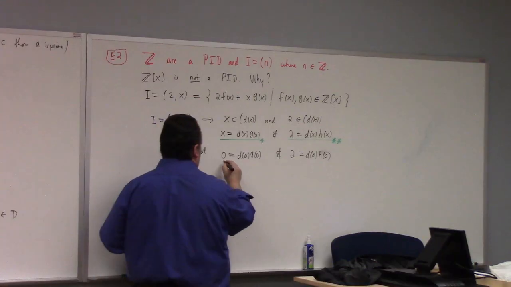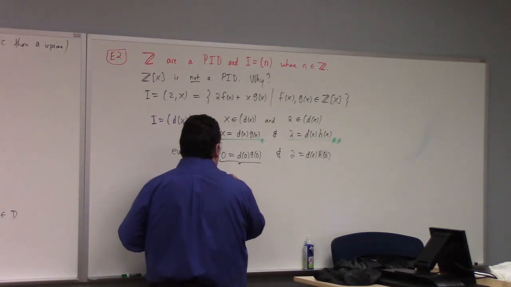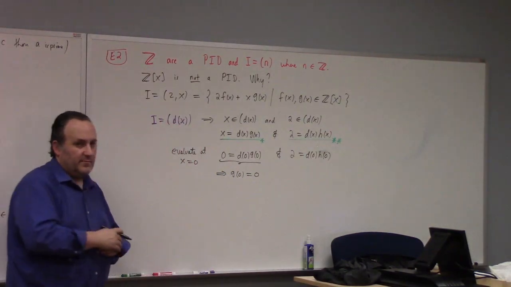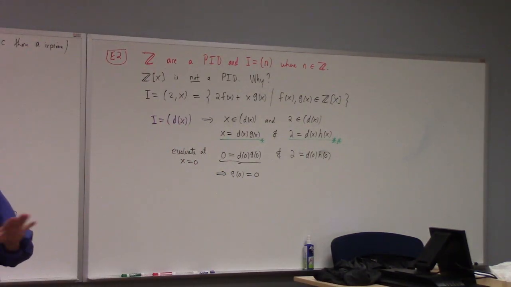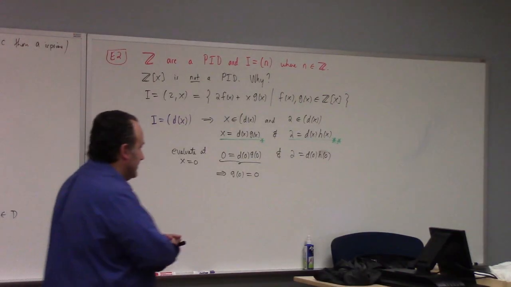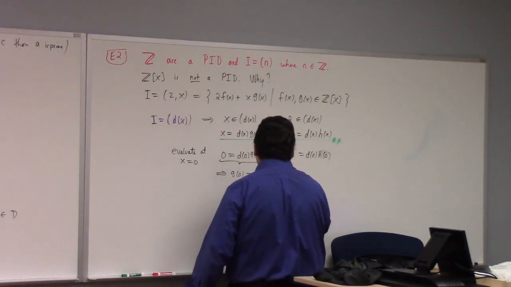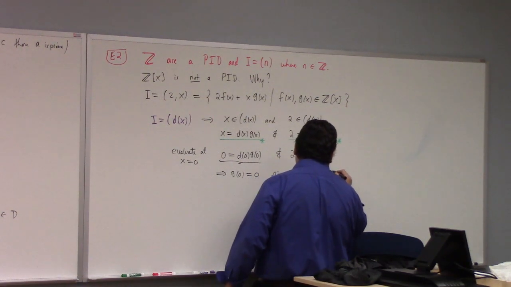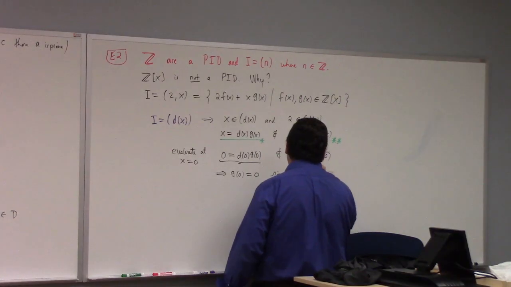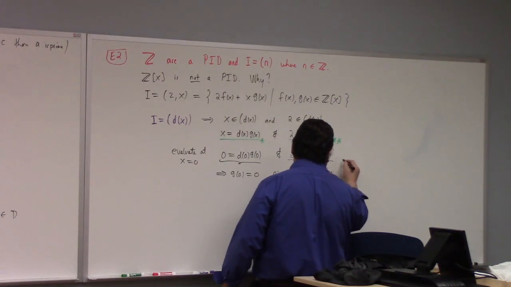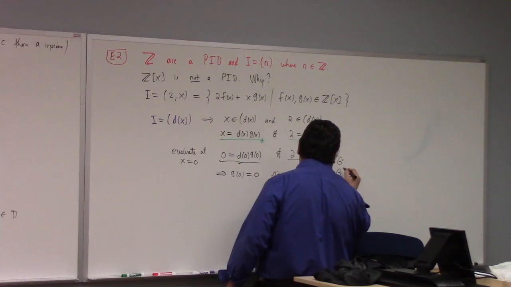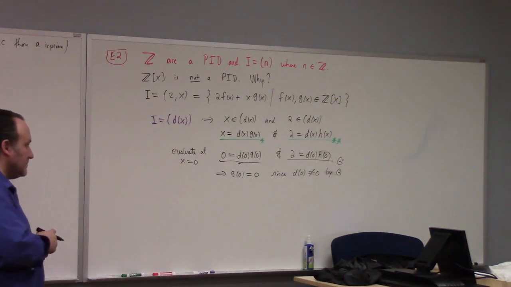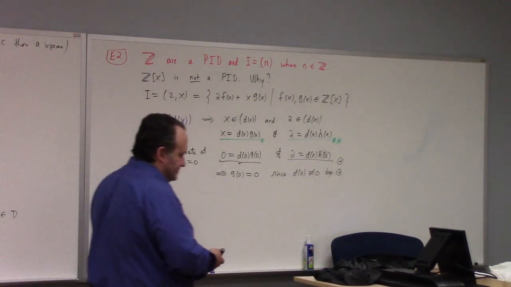So this implies that g of 0 has to be equal to 0, because d of 0 equal to 0 is not an option, since d of 0 times h of 0 equals 2, by star star. So g of 0 is 0.